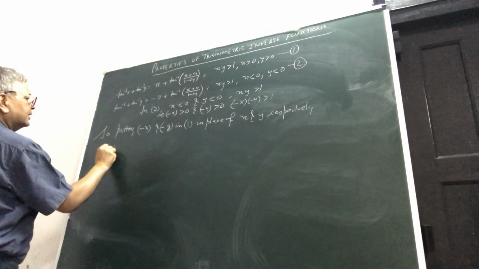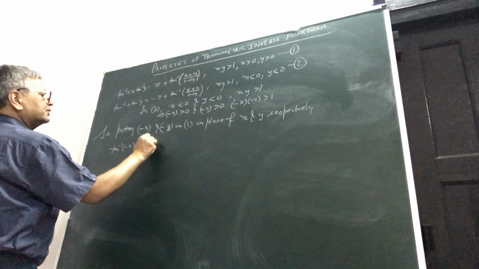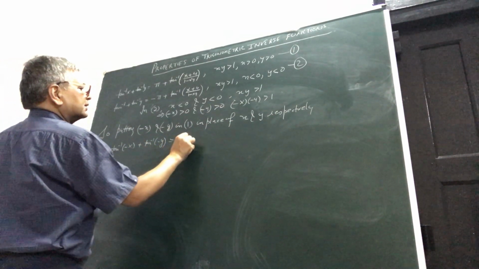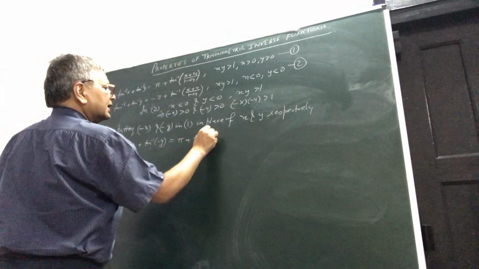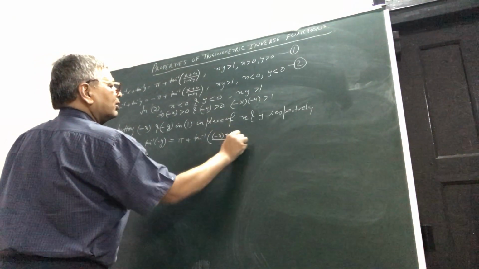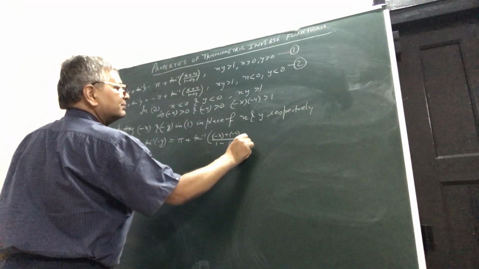We will get tan inverse of minus x plus tan inverse of minus y is equal to pi plus tan inverse of (minus x plus minus y) upon (1 minus minus x minus y).